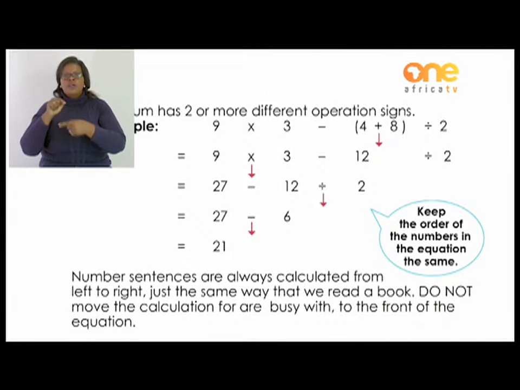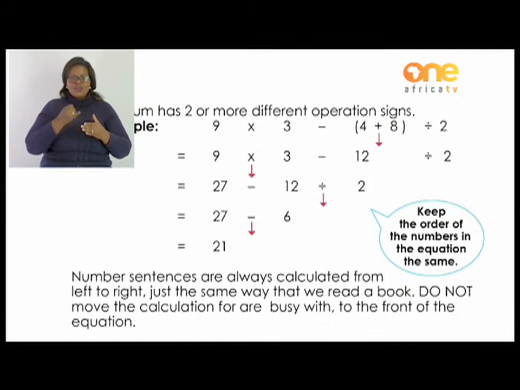We continue. Still according to BODMAS, the next operation will then be division. So I rewrite everything that I have there. 27 minus, and the answer to 12 divided by 2 is 6. And my last step is when I finalize my equation or my operation.